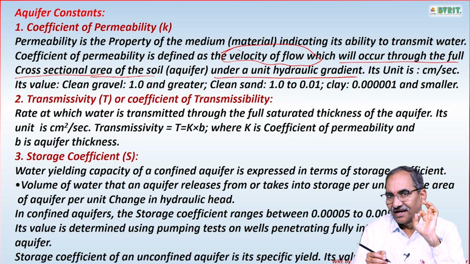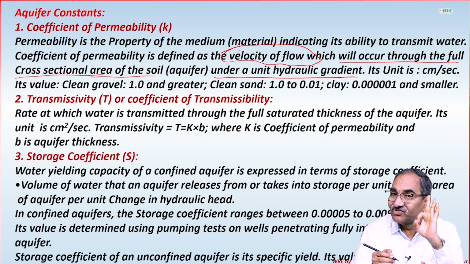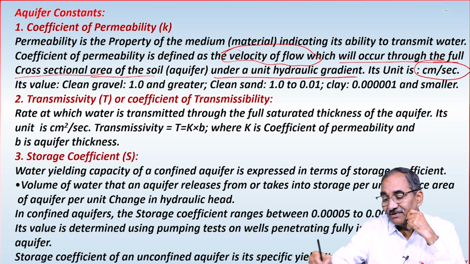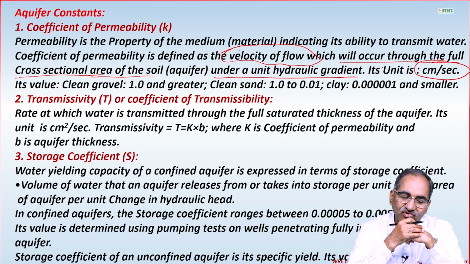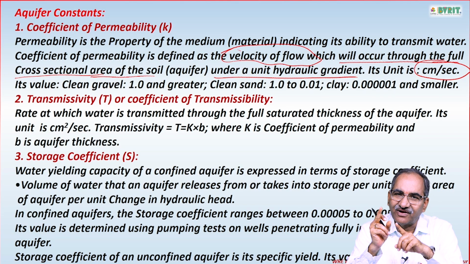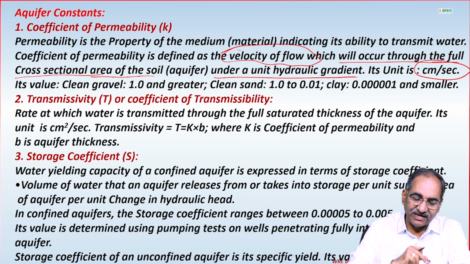So remember that. Finally, coefficient of permeability is the velocity of flow. So what is the unit of velocity of flow? Centimeter per second or meter per second. So the coefficient of permeability is expressed in velocity units, meters per second or centimeters per second.